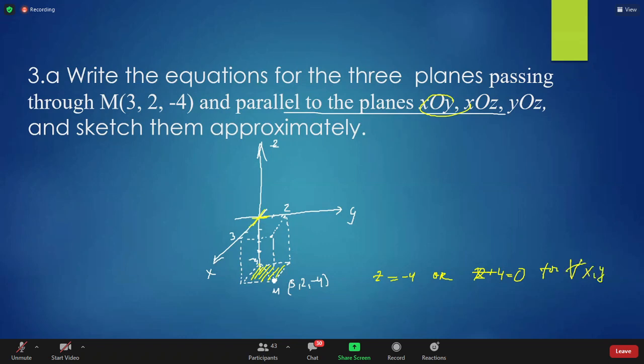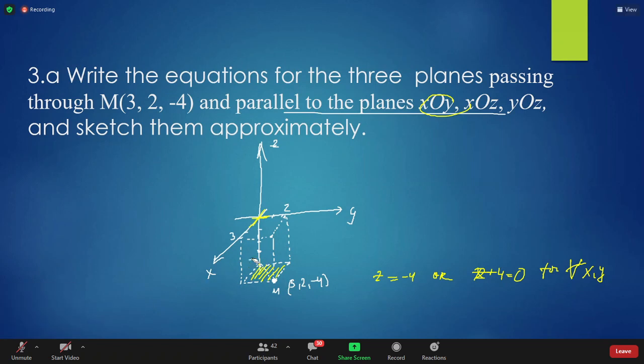It doesn't matter what x and what y is, because the only thing that is sure is that this plane is parallel to the xy plane, and it passes through the point on the z-axis, -4, sorry. Why did I say -3? I'm not exactly sure.